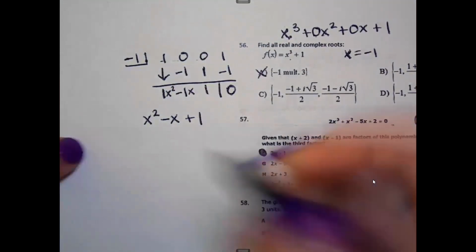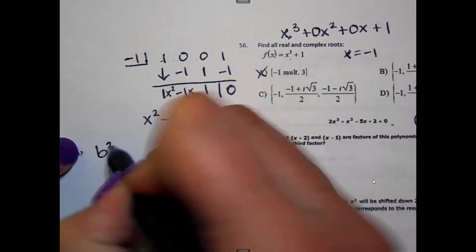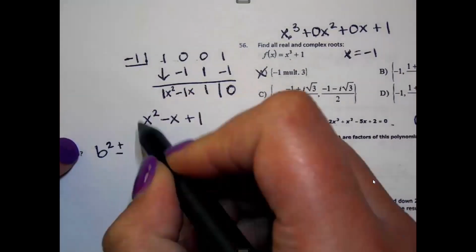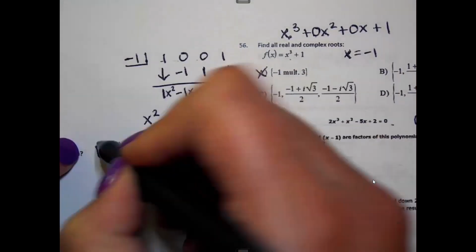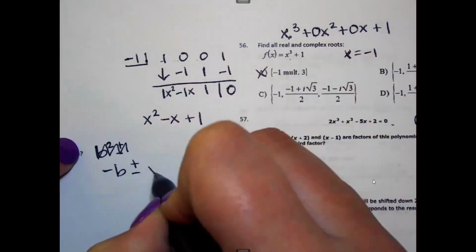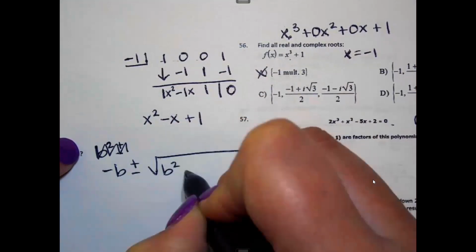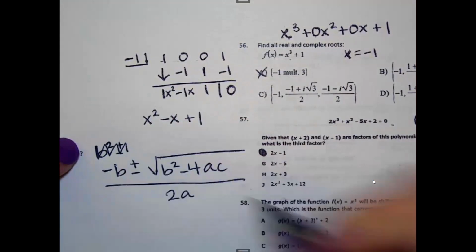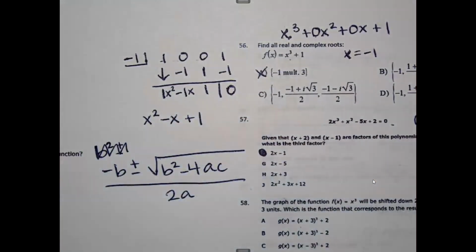So the quadratic formula is b squared minus, sorry, plus minus. Goodness gracious, I totally forgot the quadratic formula. It's -b plus minus square root b squared minus 4ac all over 2a. I'm sorry, I was leading you guys astray.